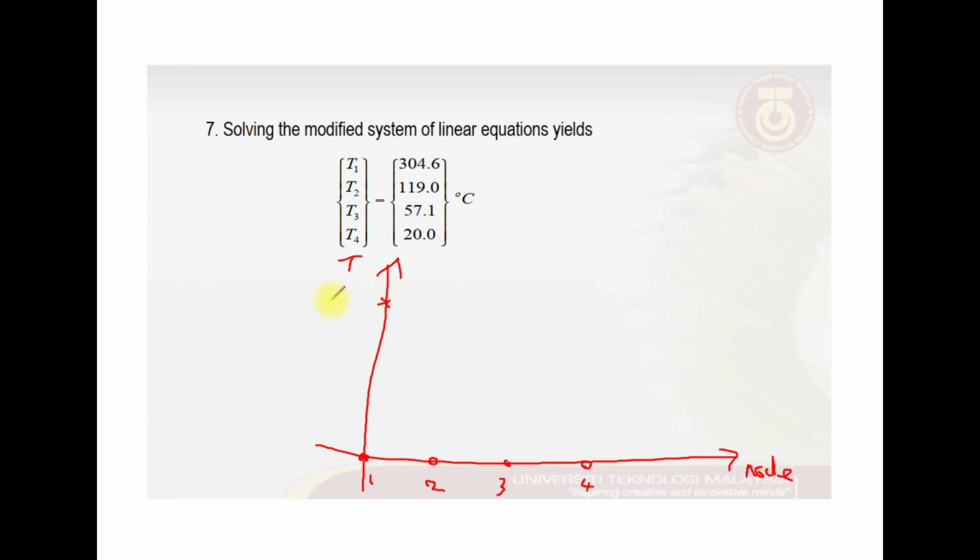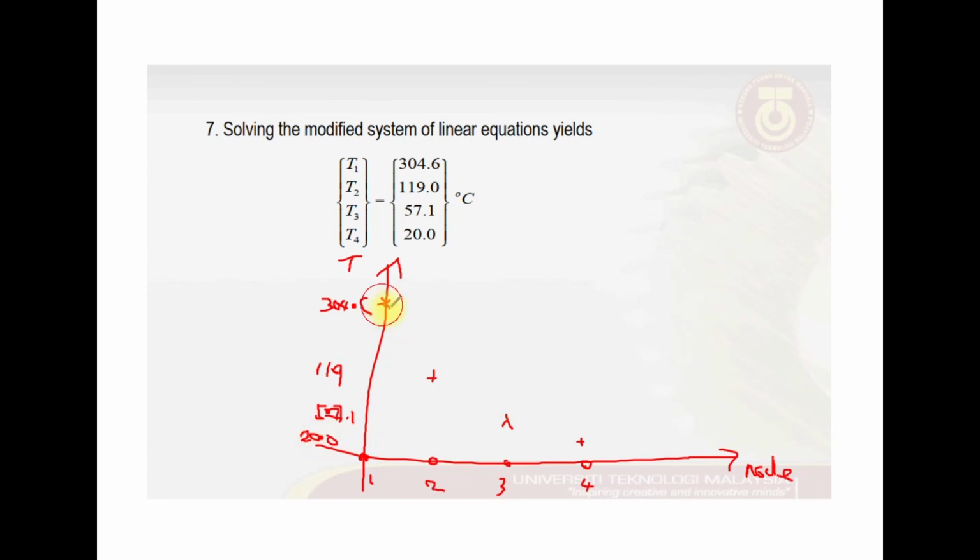This is the first temperature, which is 304.6 at node number 1. Then the temperature dropped quite drastically to 109 degrees Celsius, and then it dropped about half again to 57.1, and then it dropped about half again at node number 4, to 20 degrees Celsius.